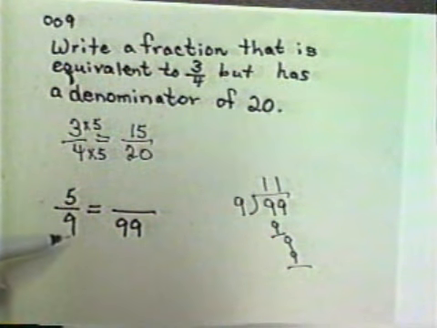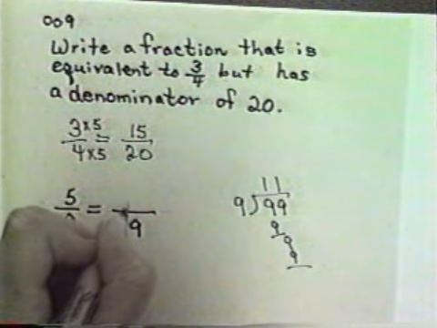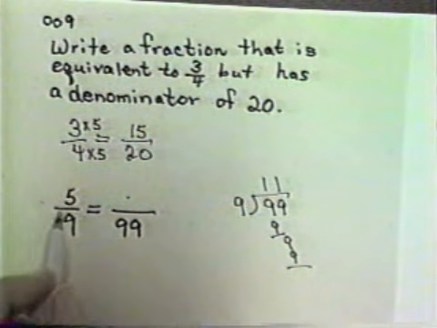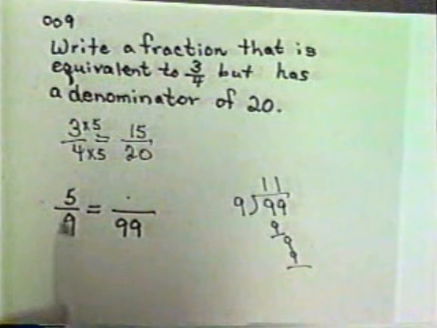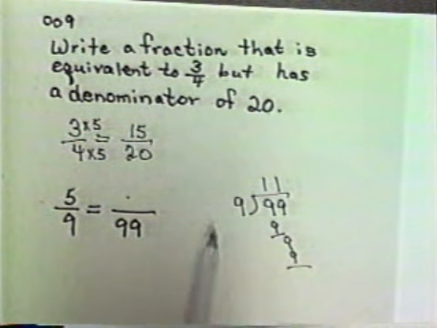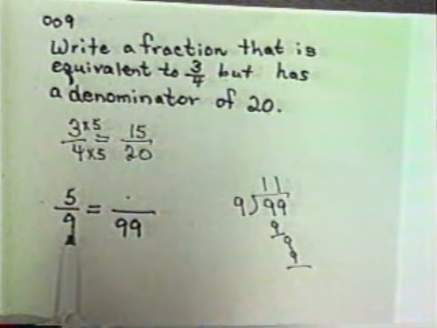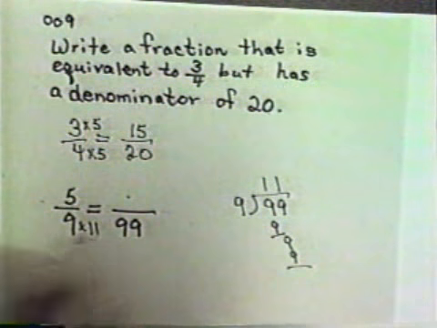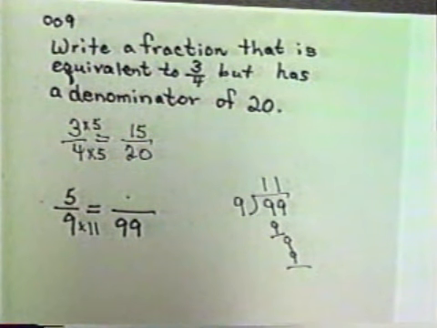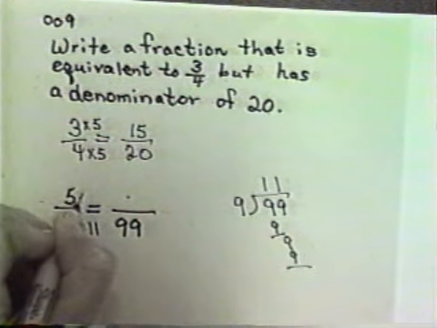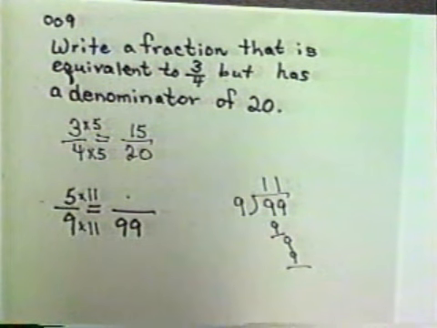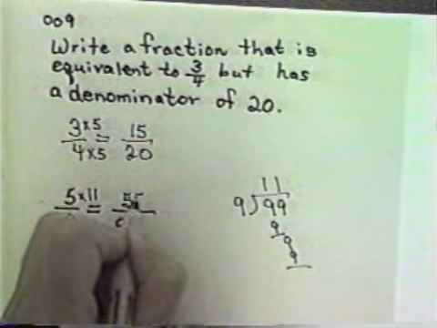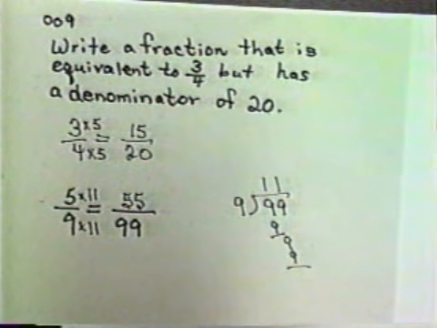What I was trying to do was to see what I have to multiply 9 by to get 99, and I found that I had to multiply by 11. If I multiply the bottom by 11, I've got to multiply the top by 11. So you come up with 55/99.